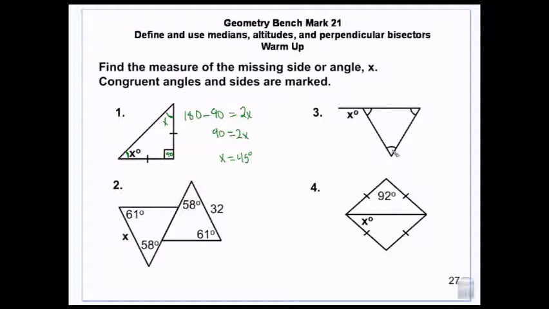And then these three angles are all the same. So if I take 180 divided by 3, I get 60. That's the interior angles. And this makes a straight line. So if I do 180 minus 60, I get 120 degrees for x.